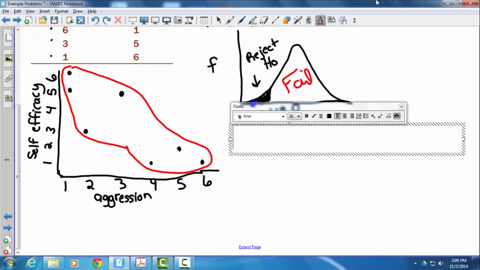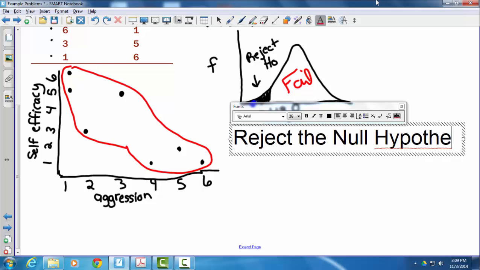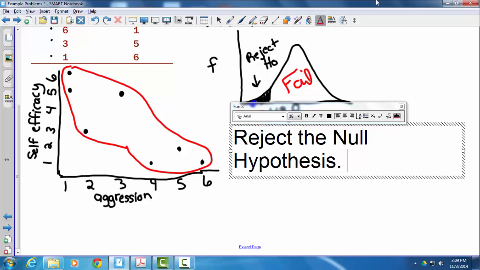Reject the null hypothesis, and we'll say that results suggest, you could say this both ways, that people who have more workplace psychological aggression tend to have significantly lower levels of self-efficacy. I like that. Or you could say there's a significant negative relationship between workplace psychological aggression and self-efficacy.